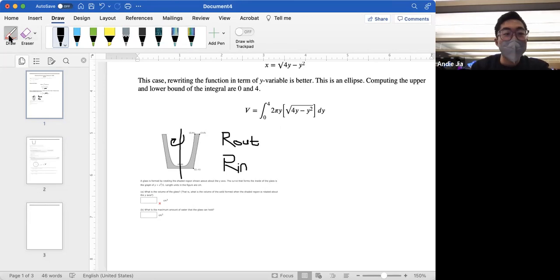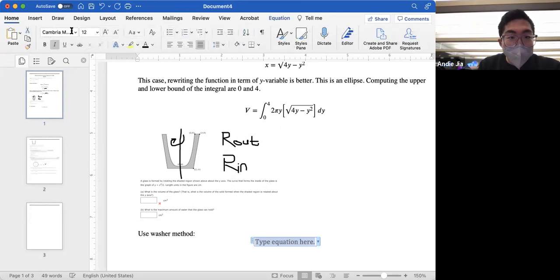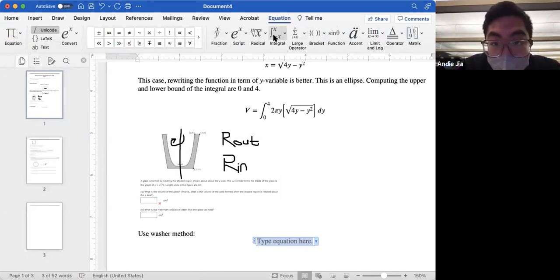If there's a radius like this, use the washer method. The inner radius is 2 and the outer radius is 3.